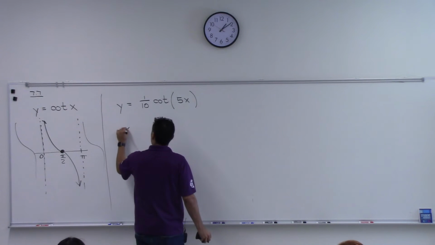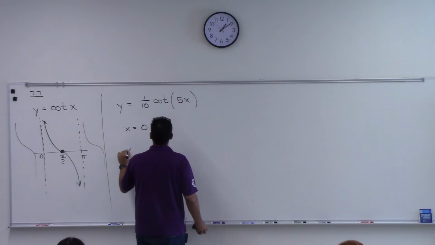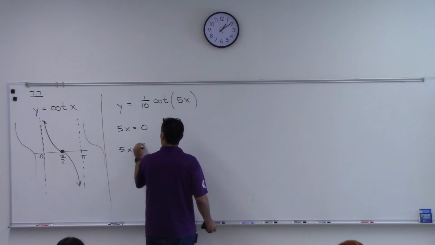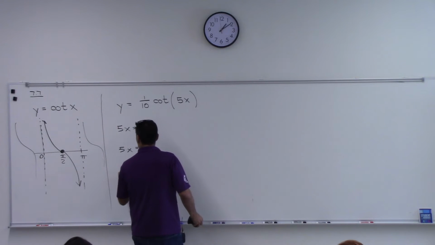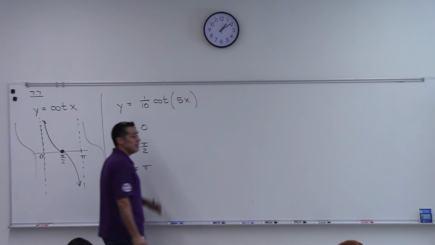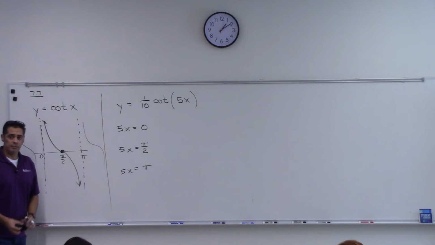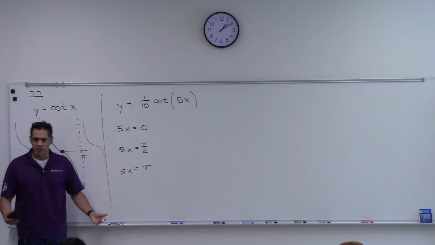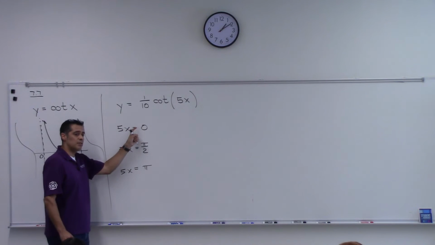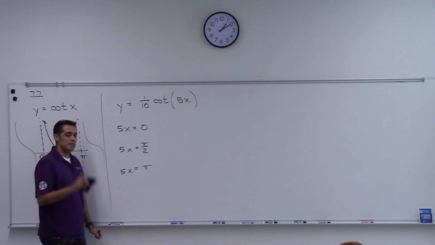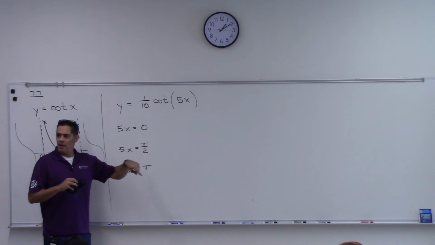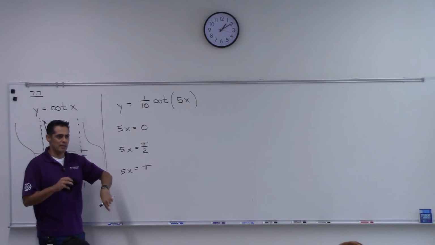So I set 5x equal to 0, 5x equal to pi over 2, and 5x equal to pi. And then I solve each of these for x. Why am I using these three? Because it's cotangent. If it were tangent, it would be negative pi over 2, 0, and pi over 2. If it was sine, it would be 0, pi over 2, pi, 3 pi over 2, 2 pi, right?